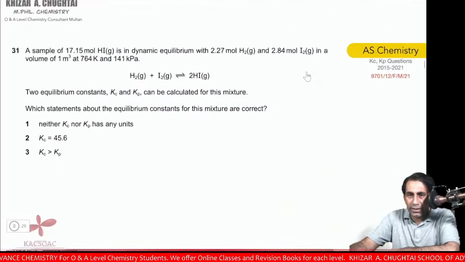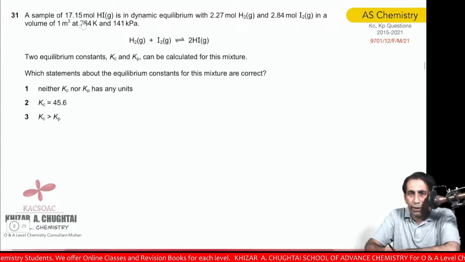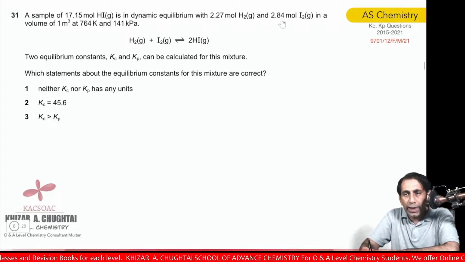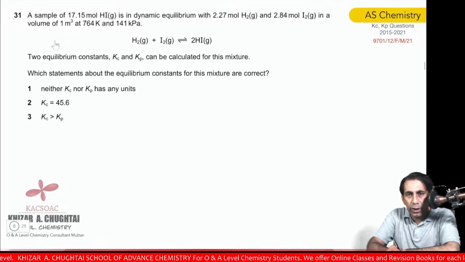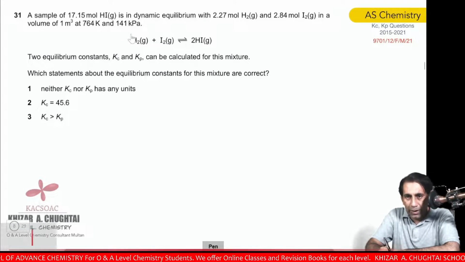The next question is taken from March 2021. A sample of 17.15 mole HI is in dynamic equilibrium with 2.27 mole H2 and 2.84 mole I2 in the volume of 1 meter cube at 764 Kelvin and 141 kilopascal.